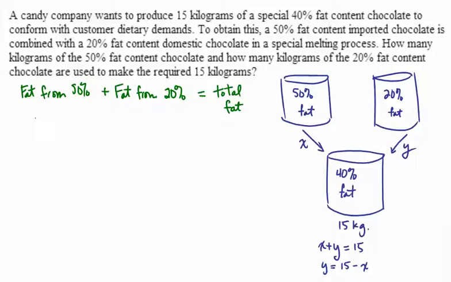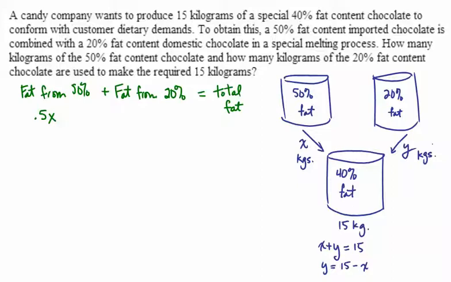So how much fat is there going to be from the first? Well, it's 50% times however many kilograms. So let's make sure we understand that X is actually X kilograms and Y is Y kilograms. And so we end up with X plus Y kilograms has to be 15 kilograms.